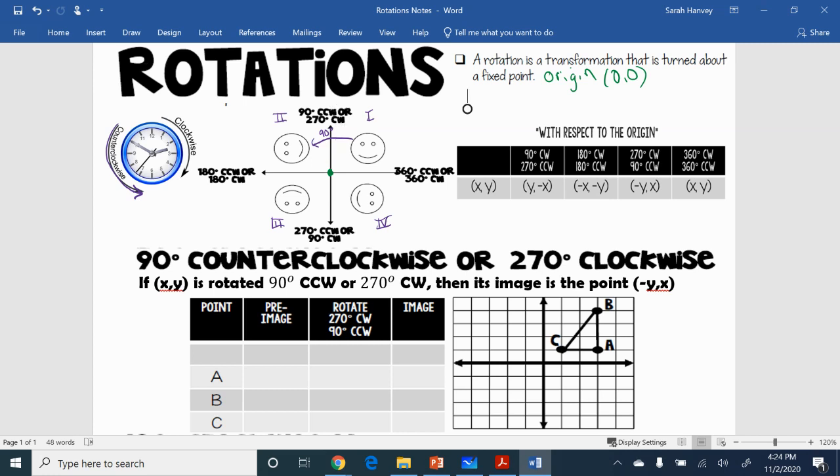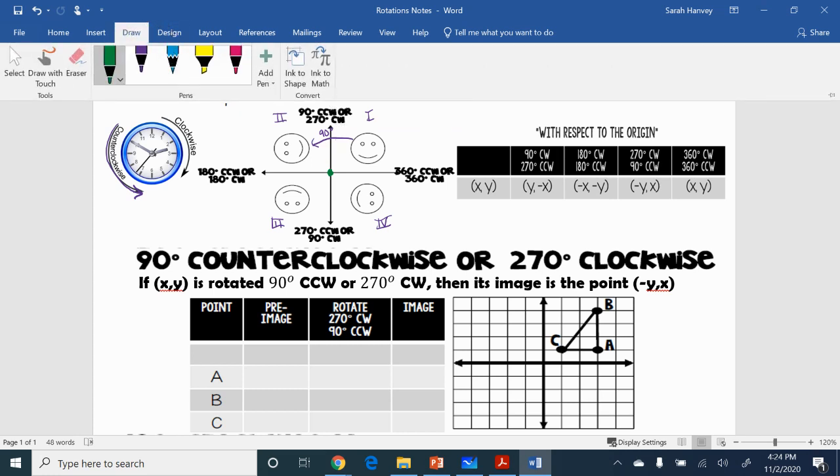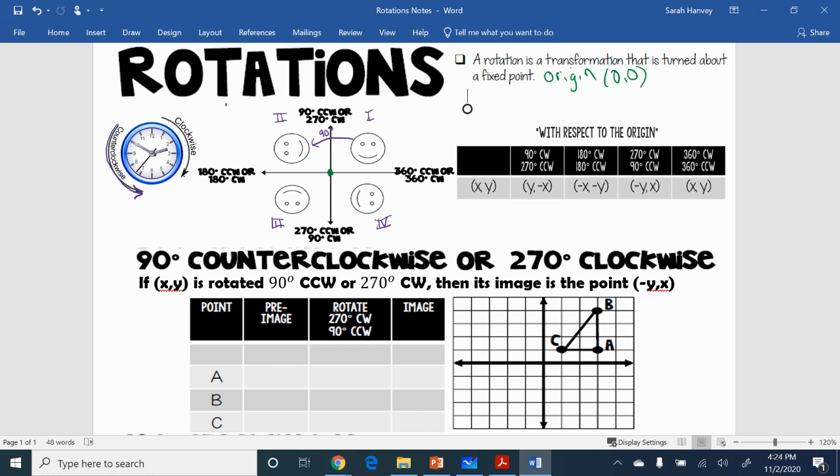If we go the opposite way, which is clockwise, going this way, and you rotate it all the way around to over here, this would be 270 degrees clockwise. So 90 degrees counterclockwise is the same as 270 degrees clockwise.